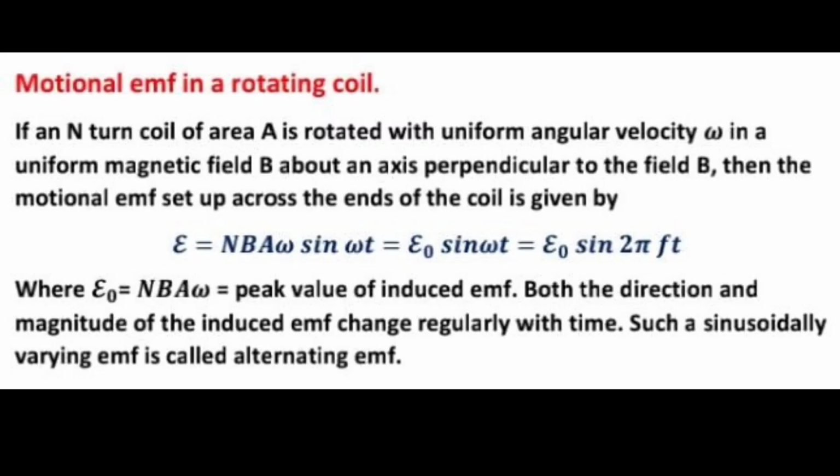Then the motional EMF set up in the ends of the coil is given by the equation in which we have epsilon naught, replacing the value with NBA omega. This epsilon naught is known as the peak value of induced EMF. Both the direction and the magnitude of the induced EMF change regularly with time, and this expression represents the alternating EMF, that is, a sinusoidally varying EMF.